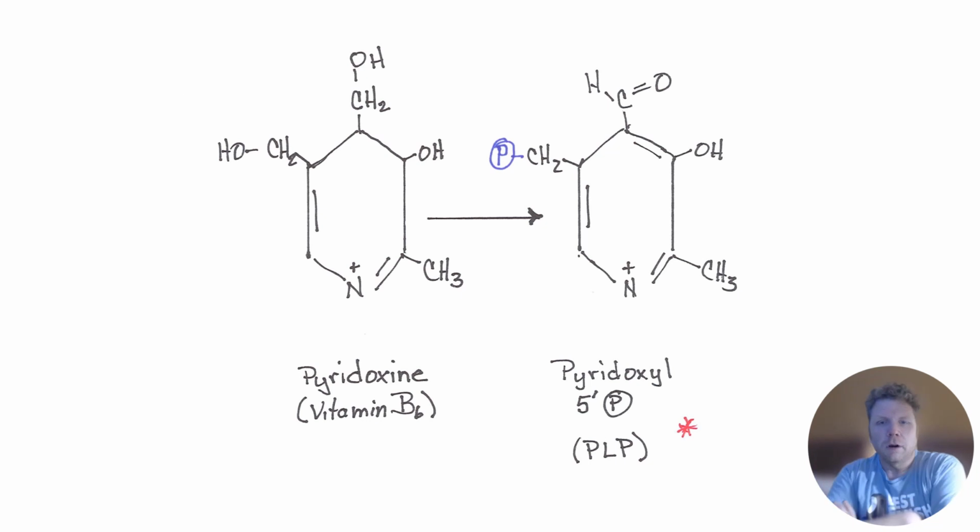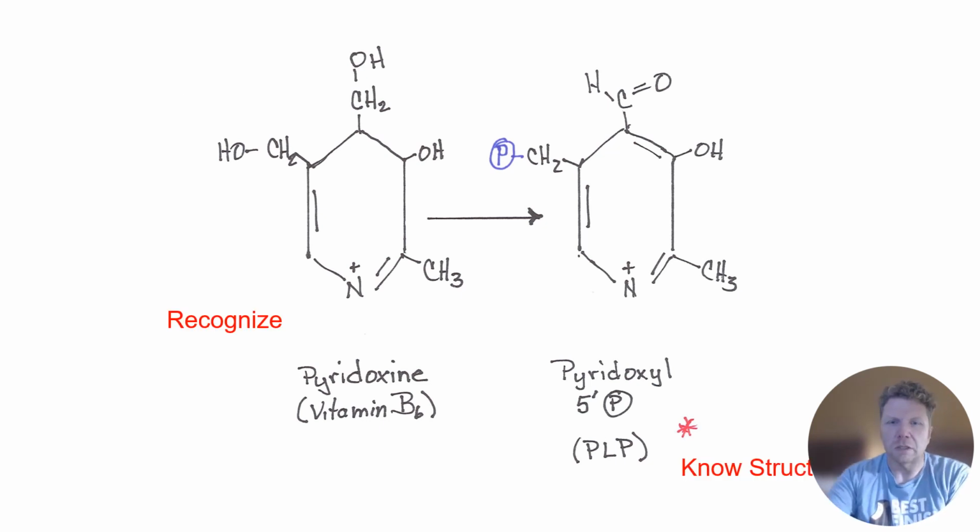So here are some of the molecules that we're interested in. Pyridoxine, or vitamin B6, and pyridoxal 5-phosphate, also known as PLP. The differences between these are, for starters, there's a phosphate group on our PLP, whereas there is no phosphate group on our vitamin B6.